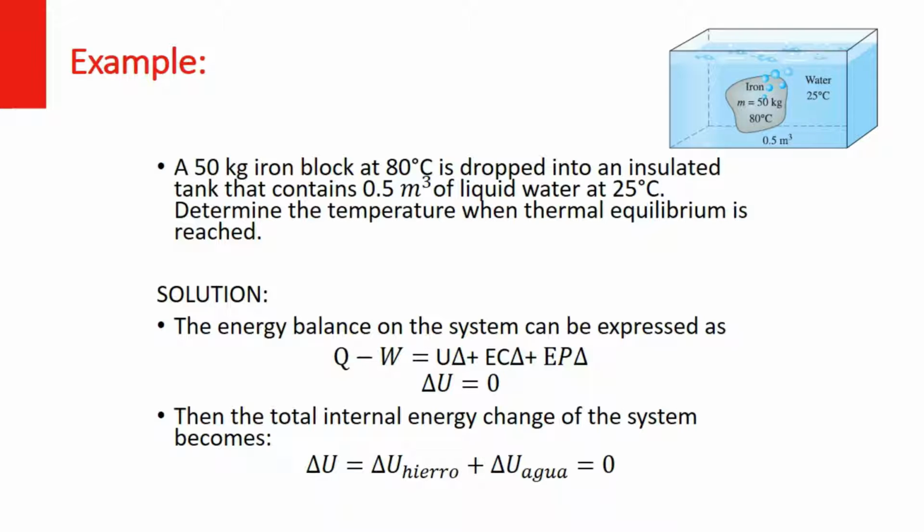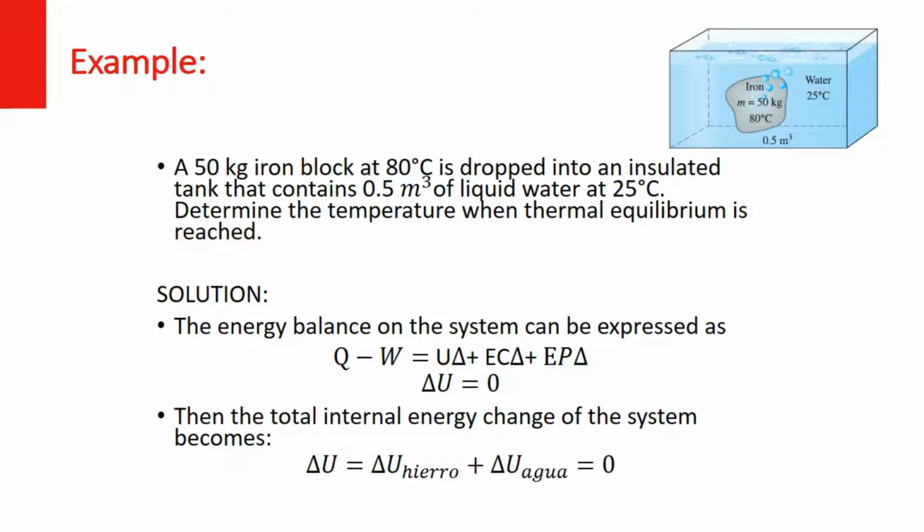Therefore, the variation of internal energy is equal to 0. The energy balance on the system can be expressed as the energy in less the energy out is equal to the variation of the energy of the system.